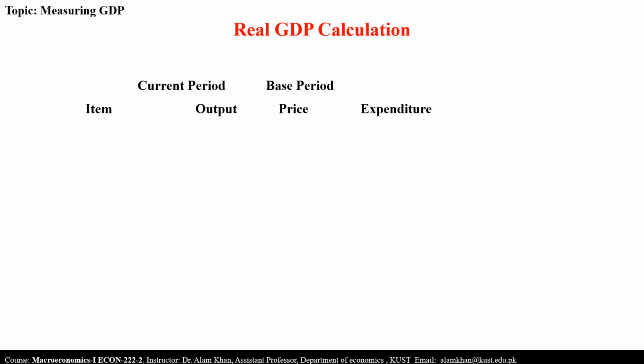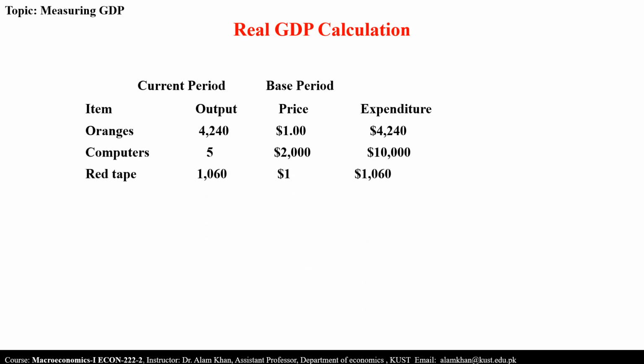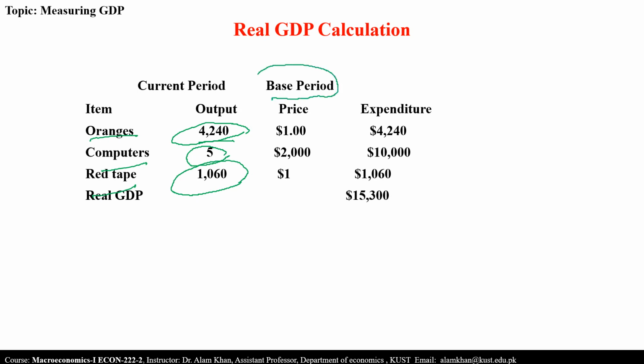In the real GDP, the same example can be repeated. Items: oranges, computers, red tape. The output of oranges, or the total amount, is 4240, 5 units of computers, and the red tape is 1060 units. Now for the price we are using the base period.